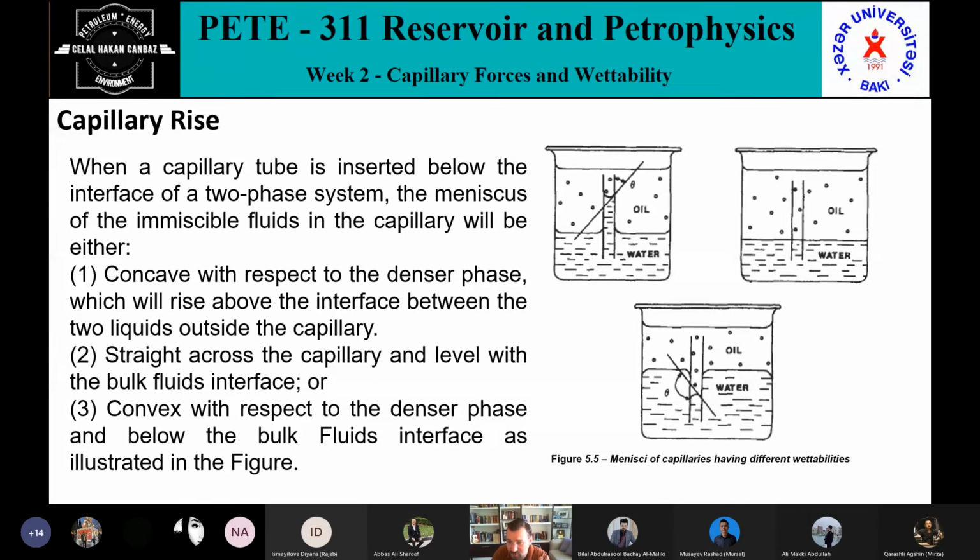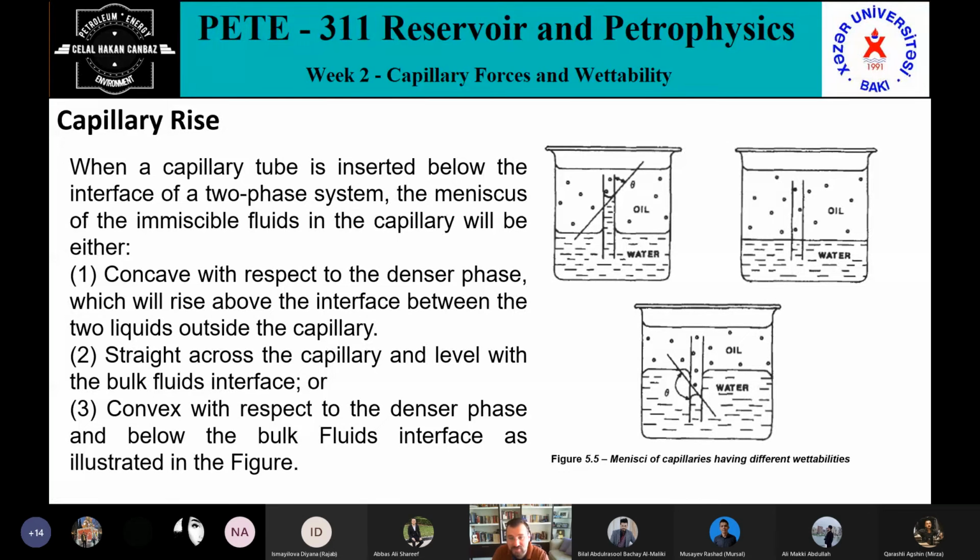So actually the shape and the height of the meniscus depend on the relative magnitudes of the molecular cohesive forces and the molecular adhesive forces between the liquids and the walls of the capillary tube.